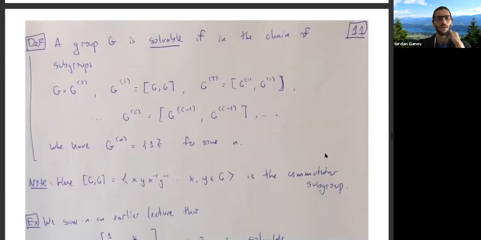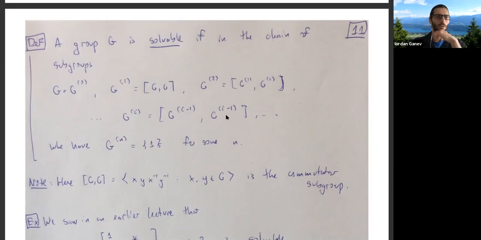So we have this definition. I think we might have seen this definition already. We say that a group is solvable if the following chain of subgroups stabilizes to the identity subgroup. So what is this chain?